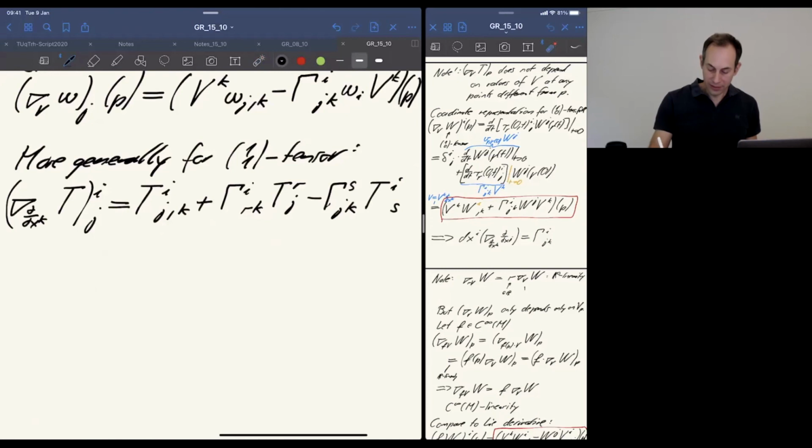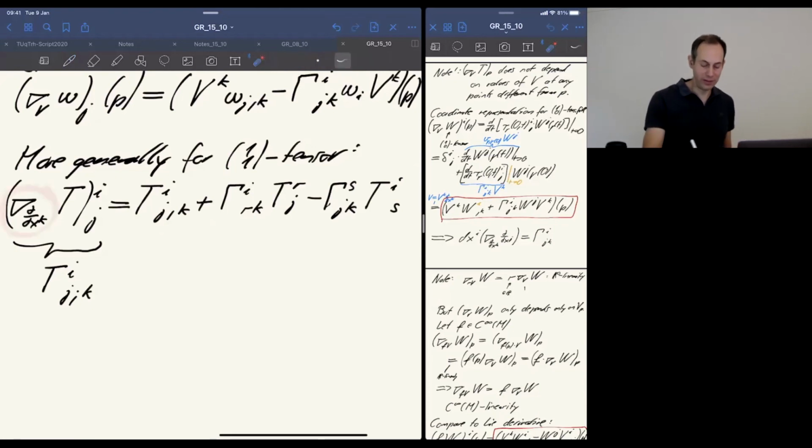Now there's a piece of notation I want to introduce, which I will use very often. So this is not only a side remark. I will write this often as T i j semicolon k. Because this appears so often, that we take the covariant derivative of a tensor and then evaluate it with respect to a basis, we just have this new symbol.